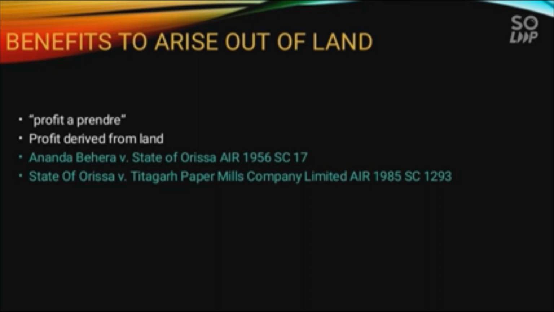The first one is Anand Behra vs. State of Orissa. In this case, a license was granted by a proprietor to the plaintiff for the catching and appropriation of fish from a certain lake. But the Orissa Estate Abolition Act refused to recognize the license granted to the plaintiff.